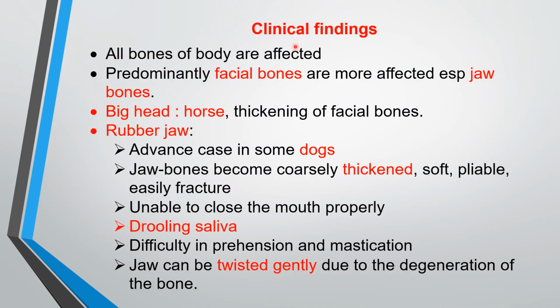Coming to the very important part for the clinician, clinical findings. Here it is not the monopoly of a few bones. Almost all bones of the body are affected, but predominantly facial bones are more affected, especially jaw bones.